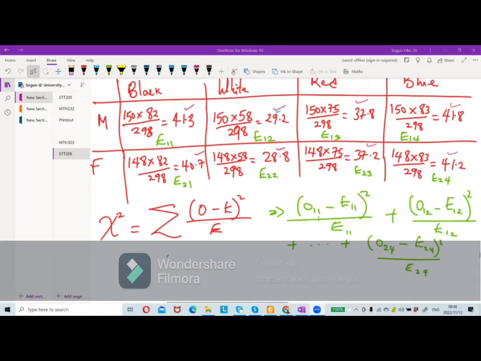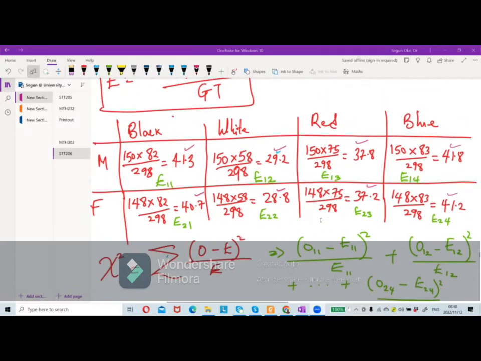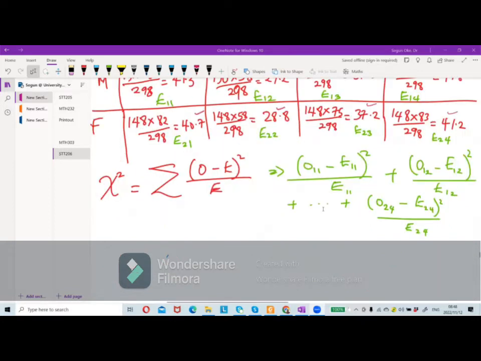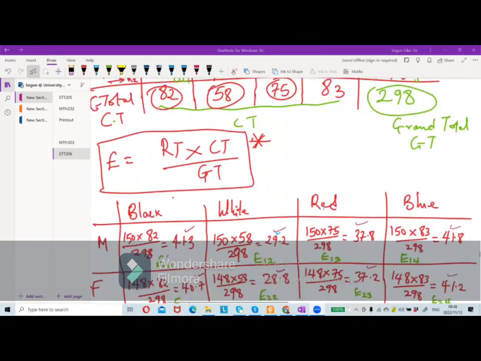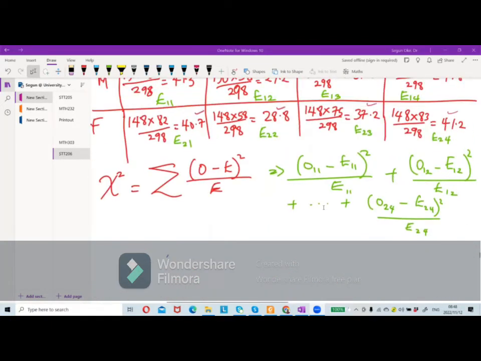The last there is the chi-square calculated, 48 minus 41.3 squared. It's showing now. It's your network. It's the network, because me, I can see very well.